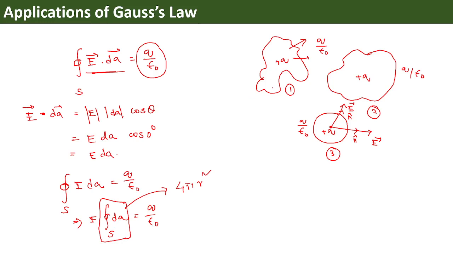Now for example, I am definitely sure that in case 1 it is very difficult to find the total area, isn't it? Even in case 2 it is difficult to find or have an estimate of the total area. So that is the reason why for asymmetric surfaces Gauss's law is very hard to apply.